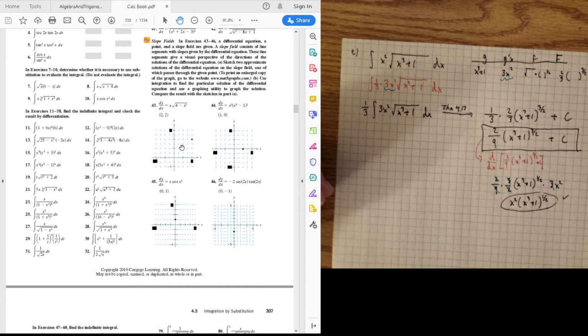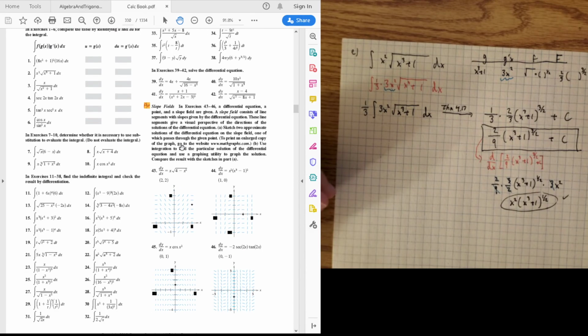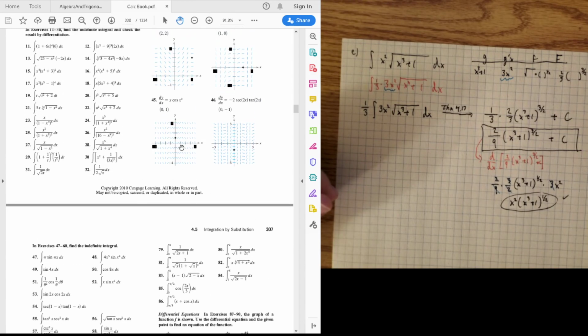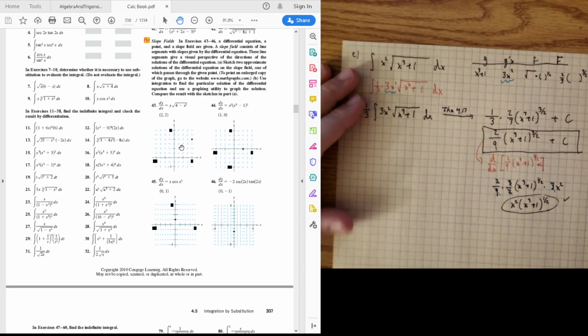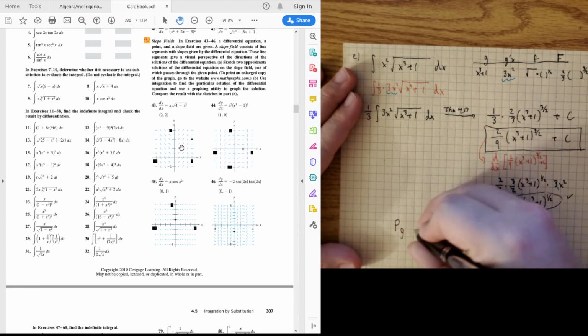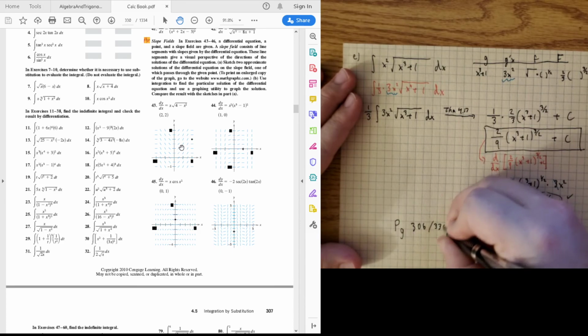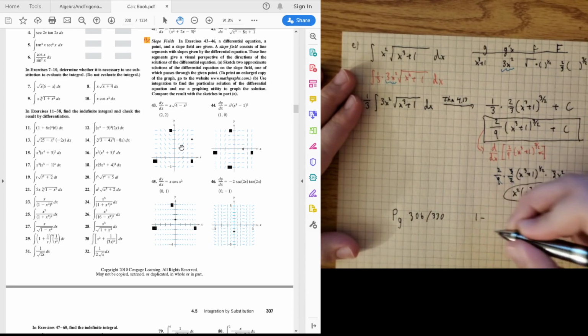So what I would like you to do is page 306/330, depending on whether you're in a book or in the PDF. I want you to do numbers 1 through 29, every other odd.